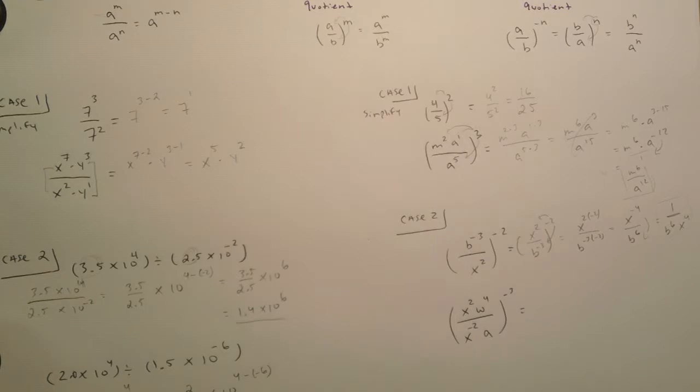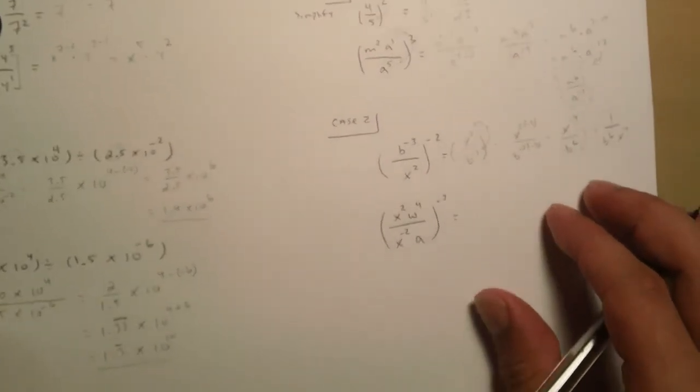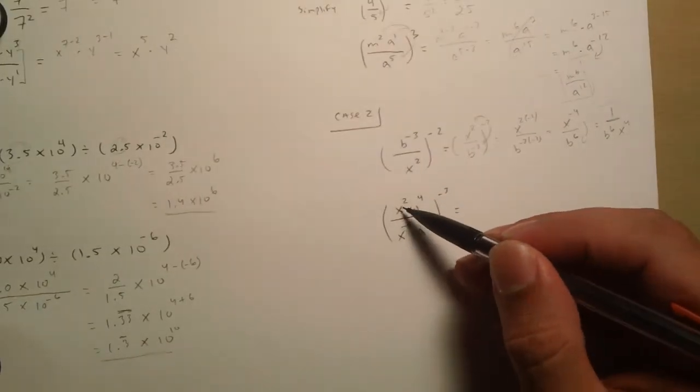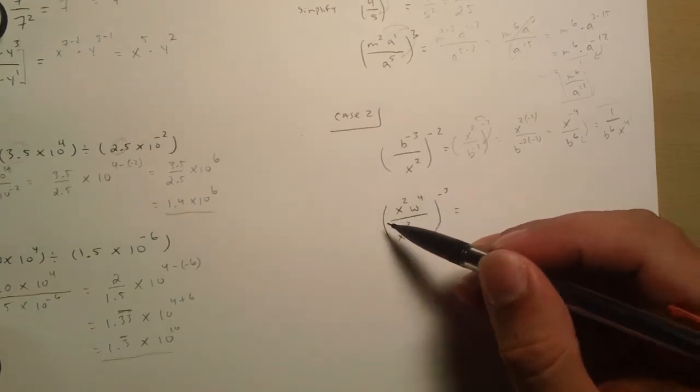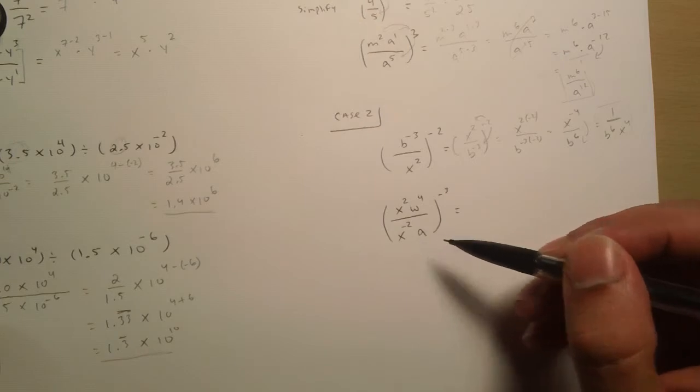I added another problem that we should do, so you have another way of seeing how you should approach this. Now, if you notice, inside the base, you have x squared w to the power of 4 over x to the negative 2 times a.